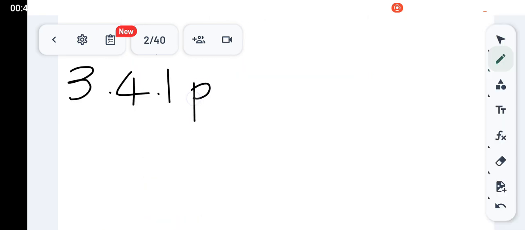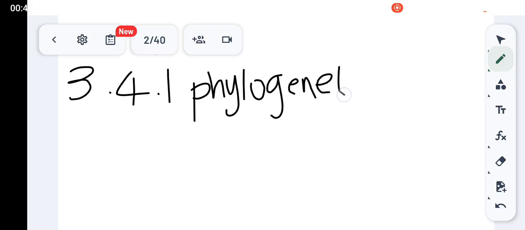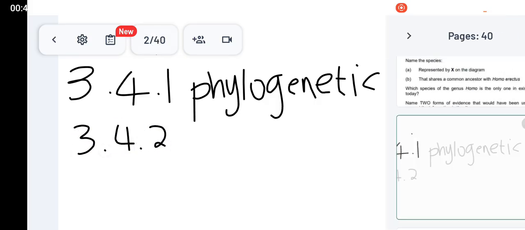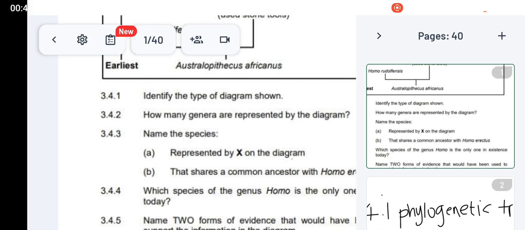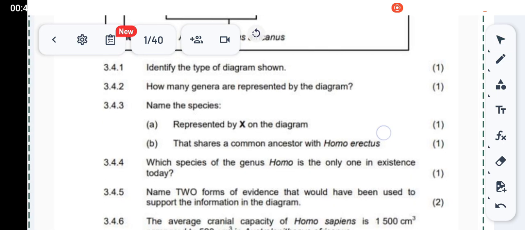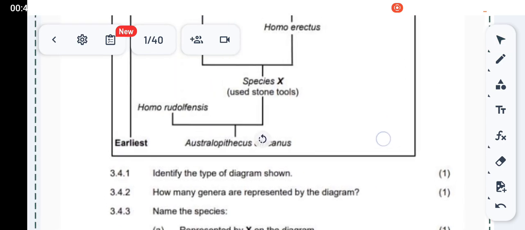So it's a phylogenetic tree diagram. And then 3.4.2, they're saying how many genera are represented in the diagram.